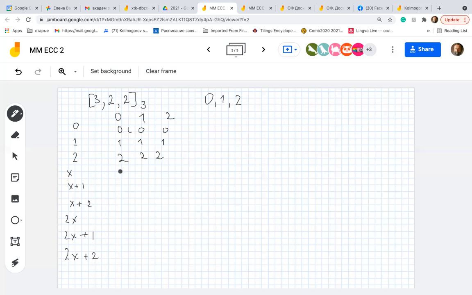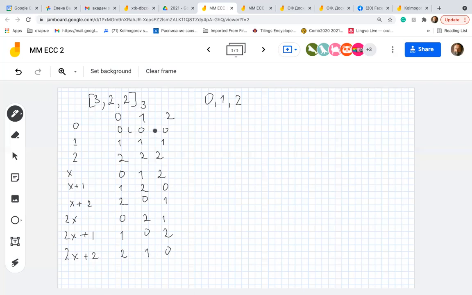Now the polynomial x produces the code word 0, 1, 2. Then x plus 1 produces the code word obtained from this by shifting by 1, that is 1, 2, 0. Again we shift that code word by 1, and we obtain 2, 0, 1. Now 2 times x produces the code word 0, 2, 1. And again we shift it by 1, 1, 0, 2. And the last one is again obtained by shifting this by 1. We obtain 2, 1, 0.